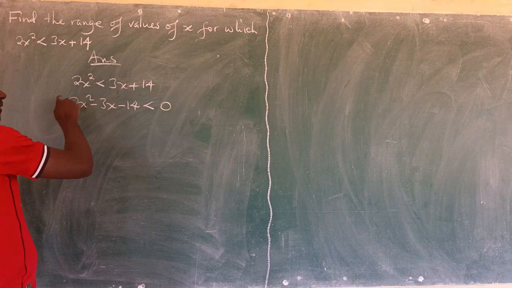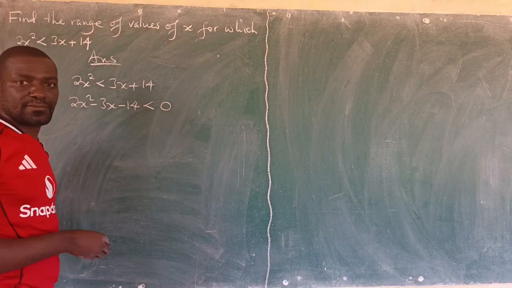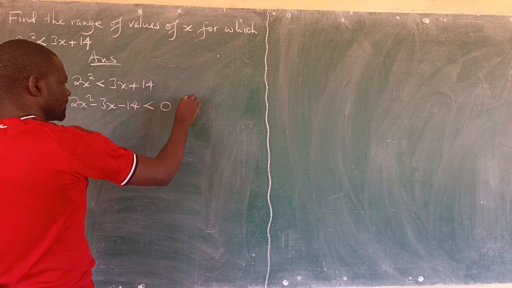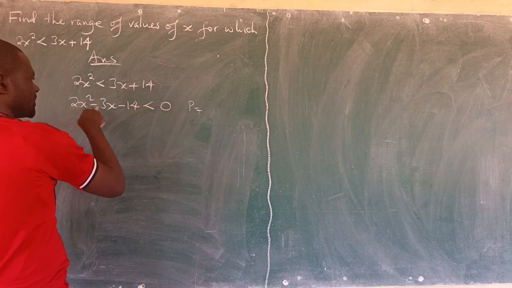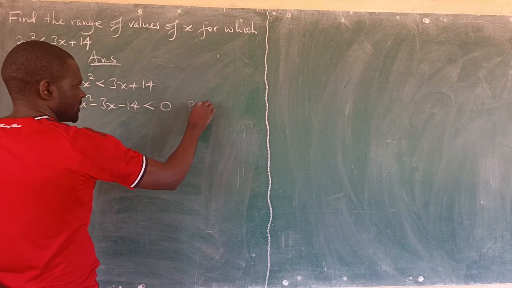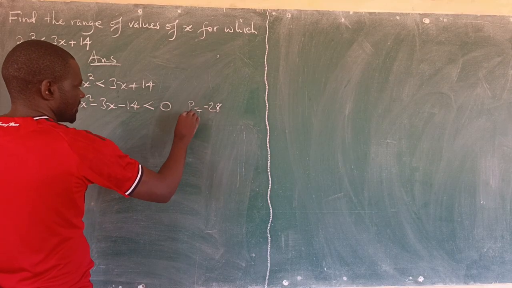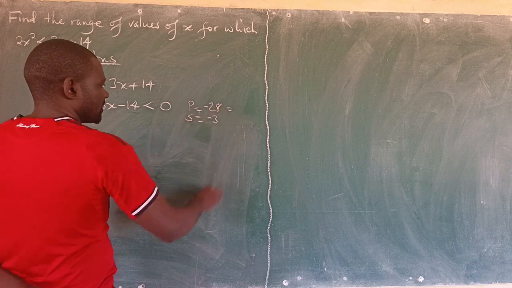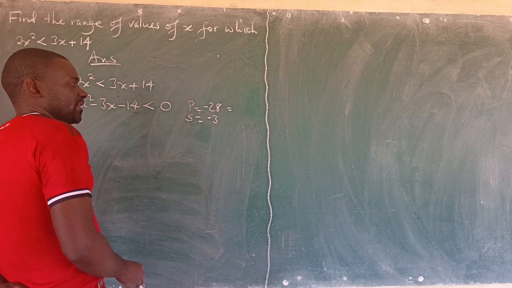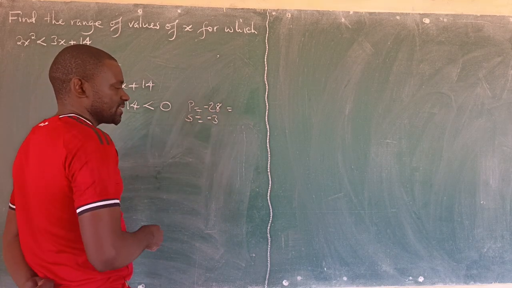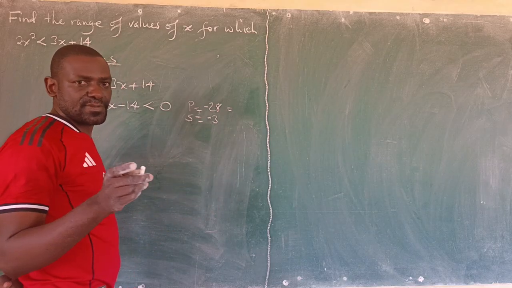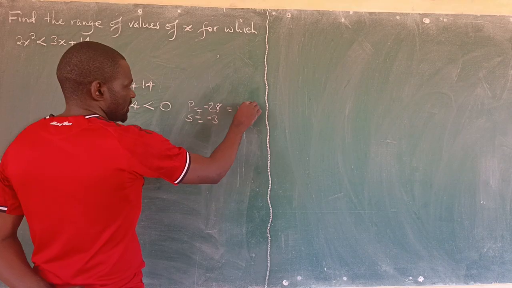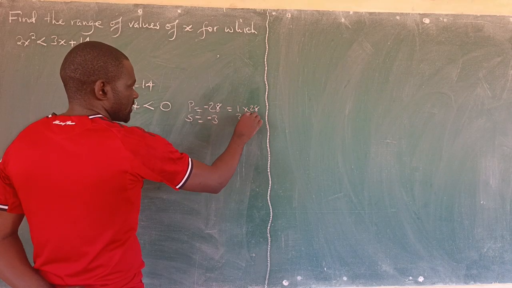Then let's just factorize this part so that we find the critical values. So our product 2 times negative 14 is negative 28, and then our sum is negative 3. Then we can identify the factors that can give us the 28 if we multiply, and when we add, they give us negative 3. We have 1 times 28.